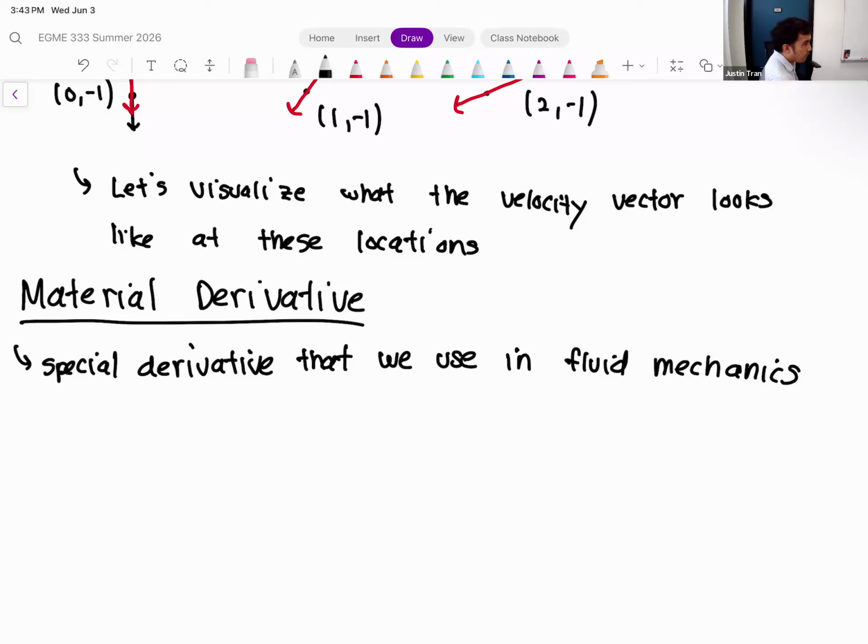It's meant to represent the fact that, in fluids, because the fluid is constantly in motion, the fluid velocity can change values at any given time, and it can change as it flows through space as well. So the material derivative represents the fact that fluid properties can change in both time and space.